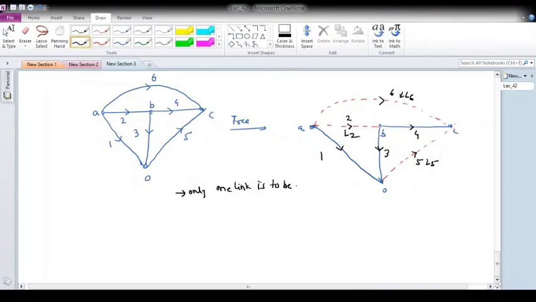When you are forming the loop, only one link is to be involved. Okay, and then the loop will be formed. So what is to be done? You form the loops from this with the help of links, and when you are forming the loop, there has to be only one link involved. Okay, and then once you form the loop, you write the KVL.